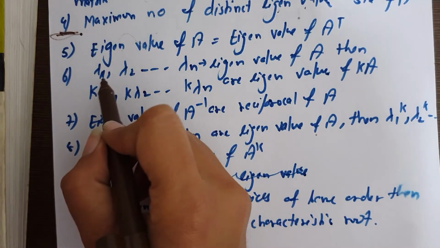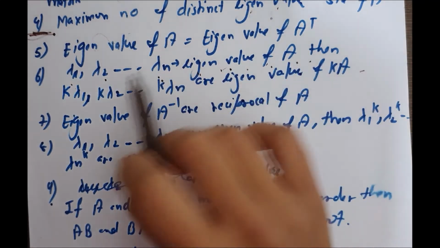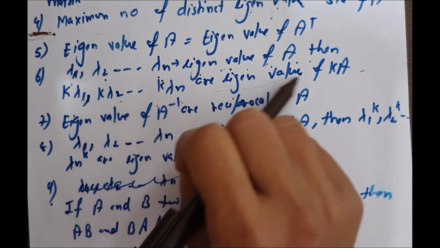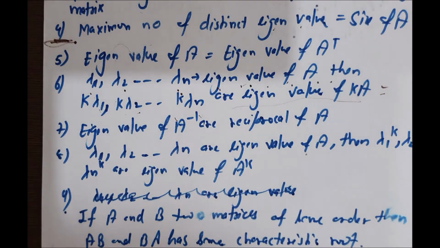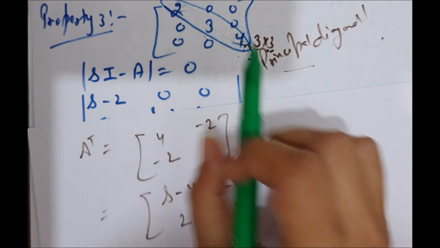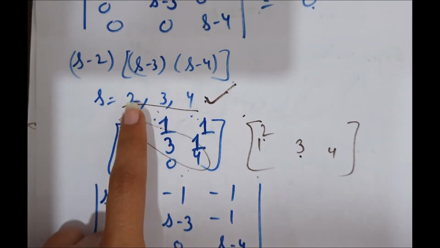Sixth property: if lambda 1, lambda 2, up to lambda n are the eigenvalues of A, then k lambda 1, k lambda 2, up to k lambda n are the eigenvalues of kA. So it means that if we multiply the matrix by k, then its eigenvalues are also multiplied by k. If we multiply a matrix by 2, how are its eigenvalues affected? In this matrix, the eigenvalues come out to be 2, 3, 4.